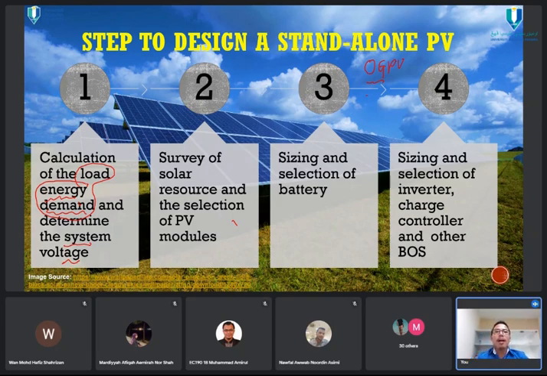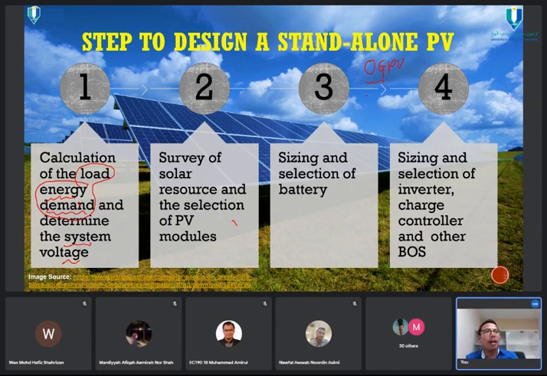You can change it, but then you need to recalculate. Maybe you need to add one more PV module, or scale up your storage capacity. Once you decide on these appliances, then it's fixed.